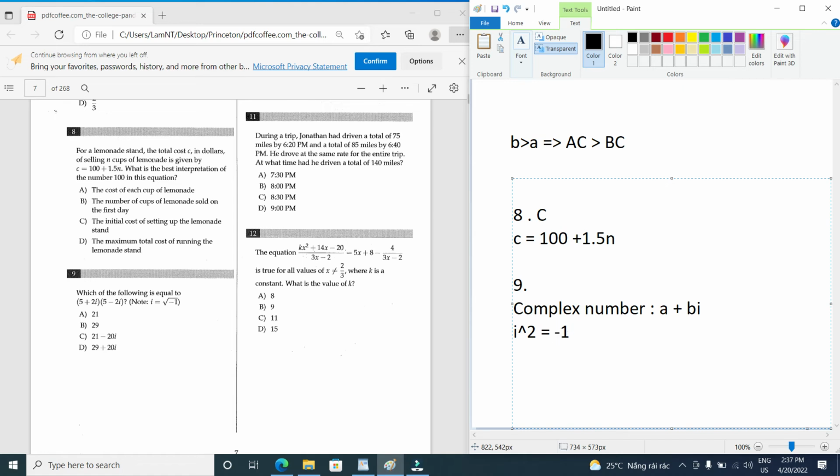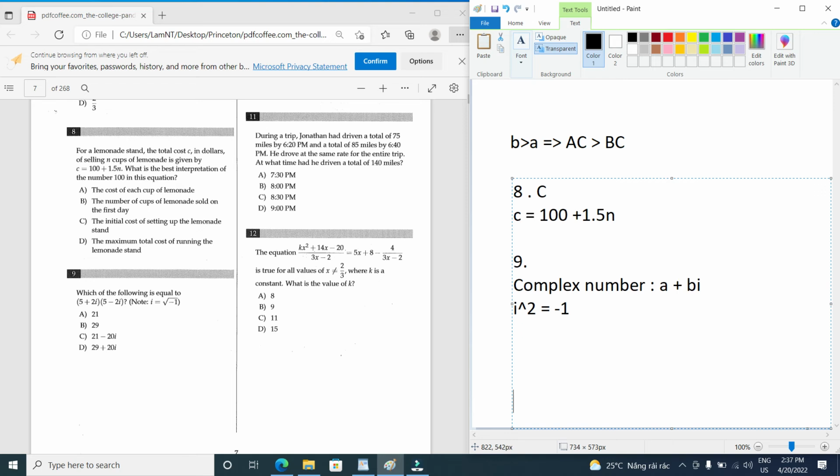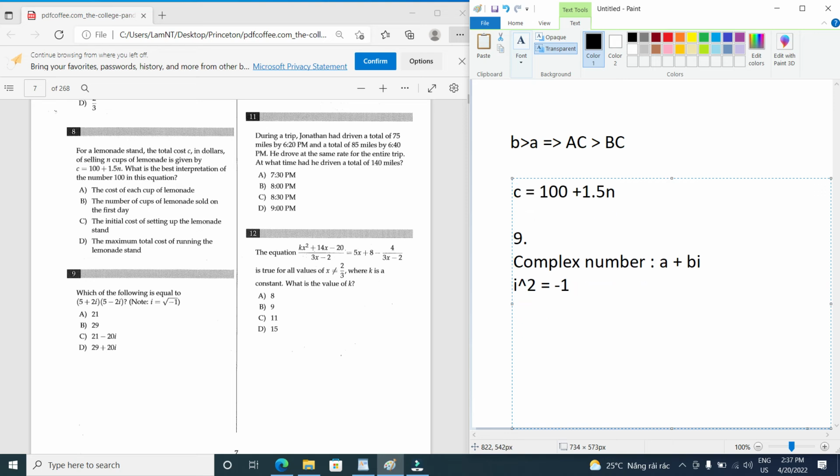So everywhere we have i squared, we replace it with -1. We have rules for adding complex numbers: a plus bi plus c plus di is going to equal a plus c plus (b plus d)i.